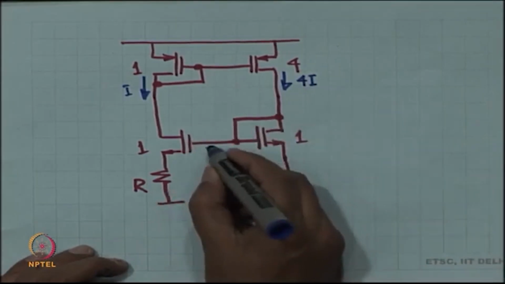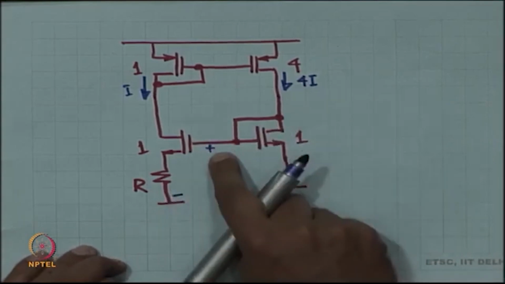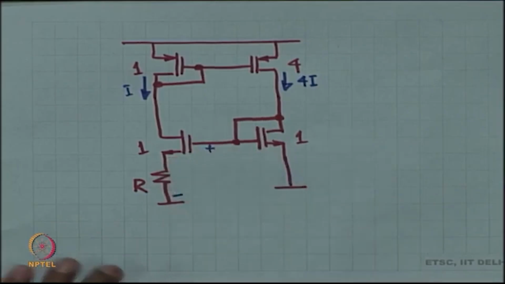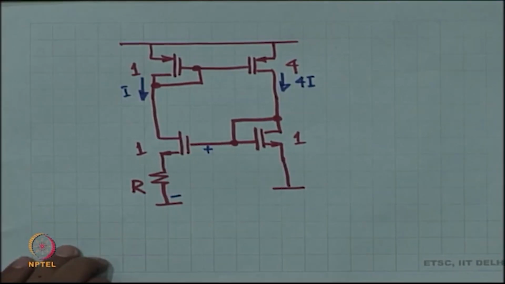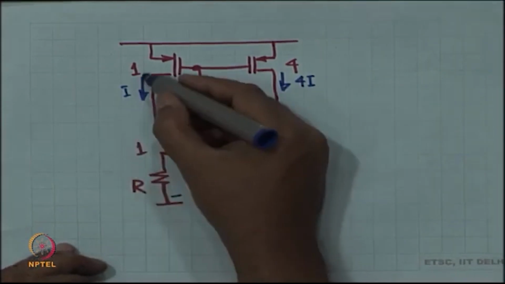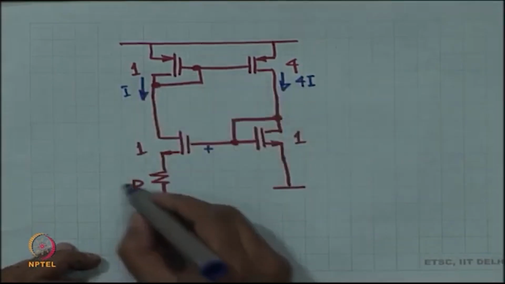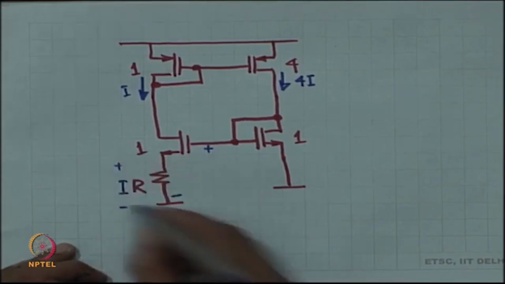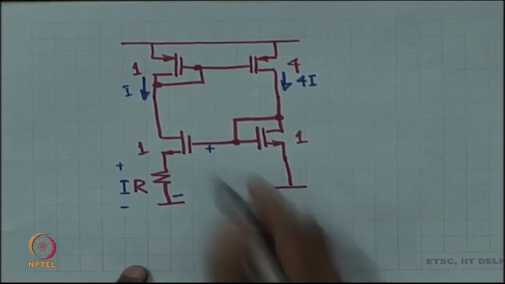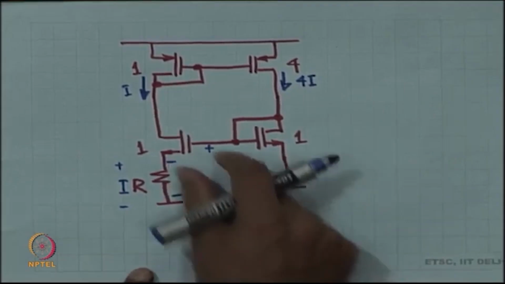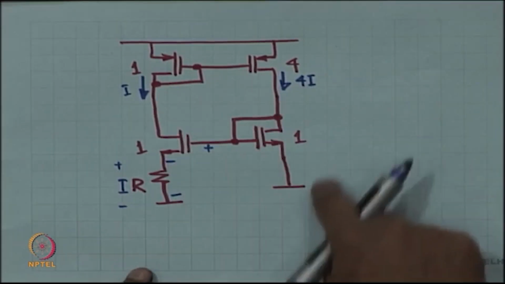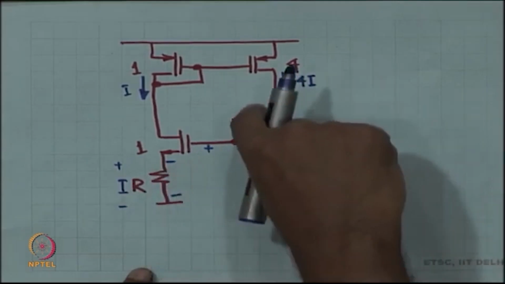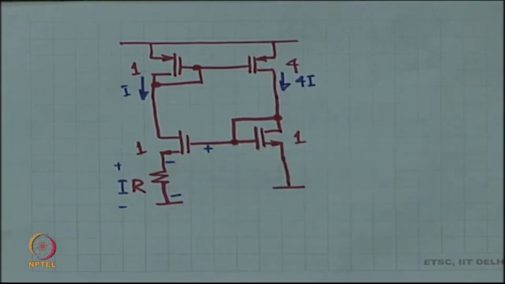Now, this is going to appear across the MOSFET as well as the resistor. So, I current is coming, the drop across the resistor is I times R, okay. The drop across the MOSFET is going to be the requisite VGS minus I times R, the requisite VGS for 4I minus I times R.